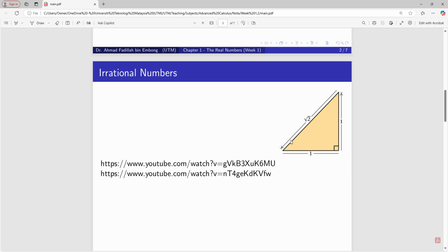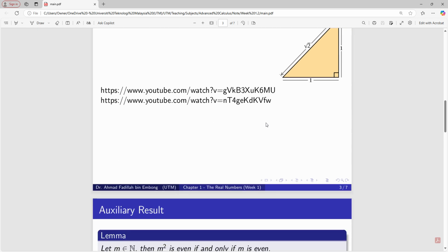This became a problem for them, and they did not know what the number square root of 2 was. Now I would like to share with you these two videos, so you can watch after this about the explanation of how they came up with this irrational number.